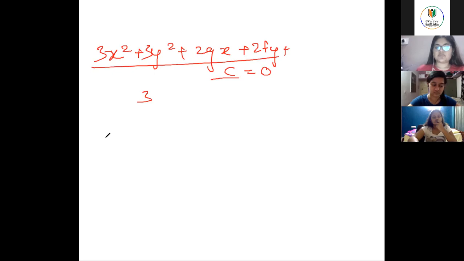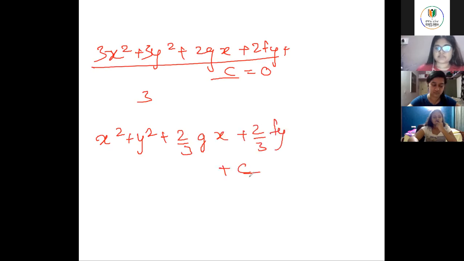That will give me x square plus y square plus 2/3 gx plus 2/3 fy plus c/3 is equal to 0. This still becomes the equation of the circle. So the coefficient of x should be 3. And what is the value of q? How can you determine the value of q?